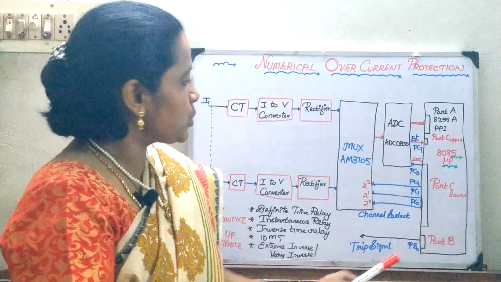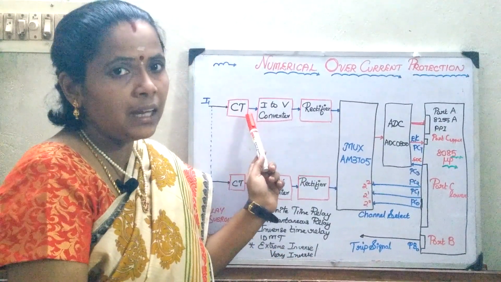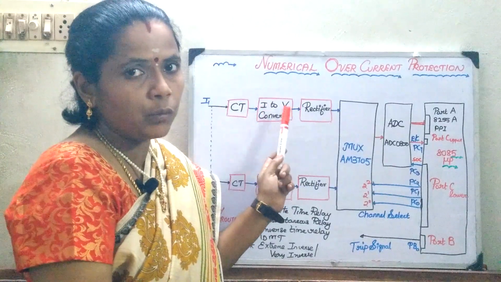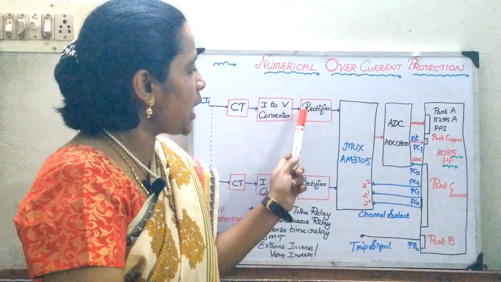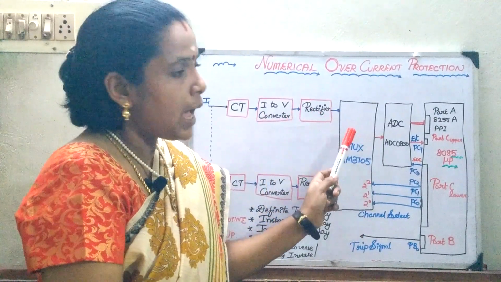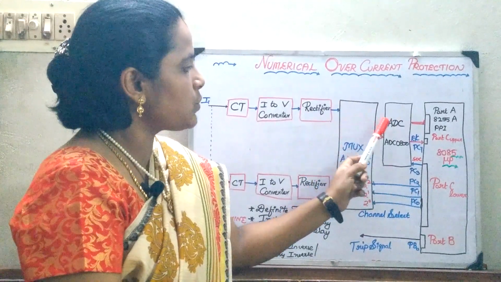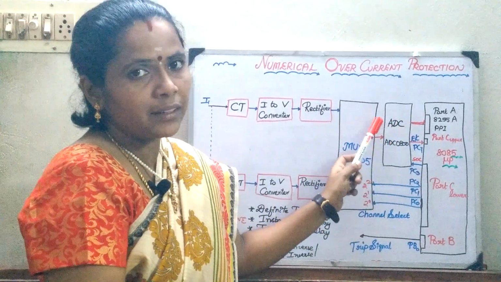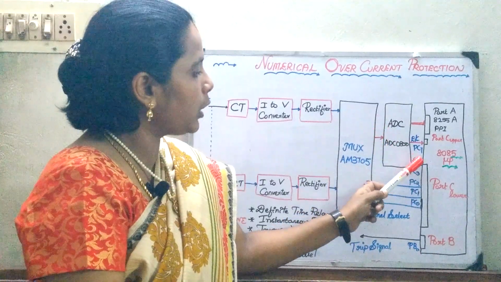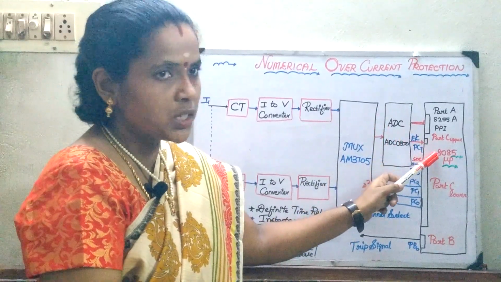To summarize, the current is converted to a proportional voltage, rectified, and given to the mux. Depending upon the signal chosen by the microprocessor, the ADC starts converting to digital based on the start of conversion and end of conversion signals.